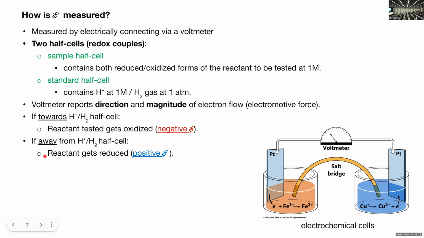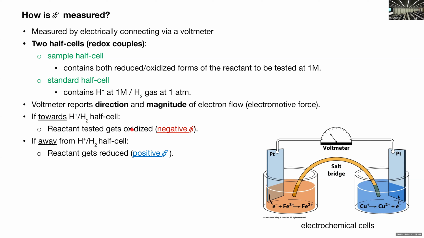If the electron moves towards the standard half cell, which contains these hydrogen atoms and ions, then it means that the reactant you're setting up, the sample, gets oxidized. Does that make sense? Because the electron is moving away from your reactant to your standard half cell. So it is leaving your reactants, you're losing electrons, and that means it's oxidized.